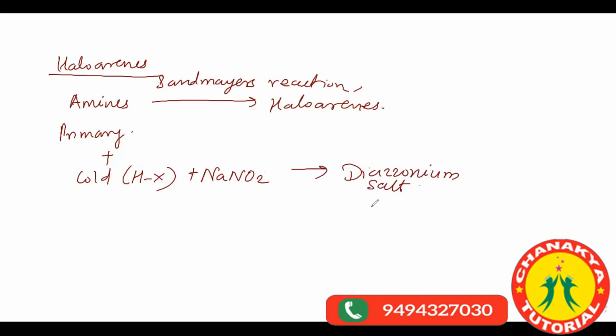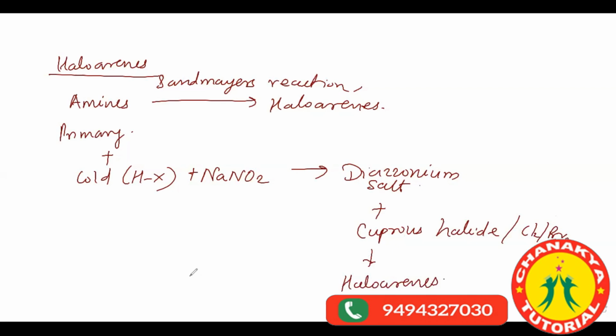And when this diazonium salt is treated with cuprous halide, cuprous chloride or bromide, you will get haloarenes. So this is the basic general reaction to understand the steps.